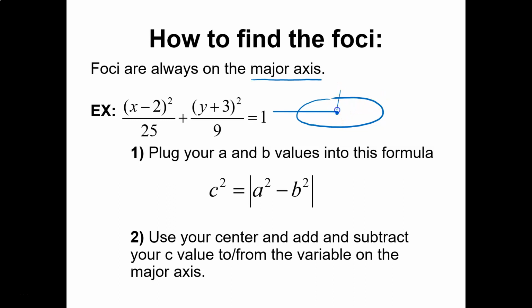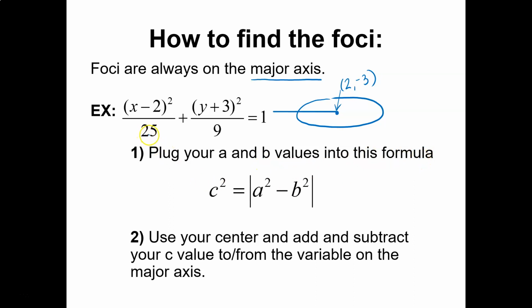What are the coordinates of that center? 2, -3. All right. So we start from the center, and we need to have a picture of which way this ellipse faces before we start. And so we're going to take our A and our B values and plug them into this formula.